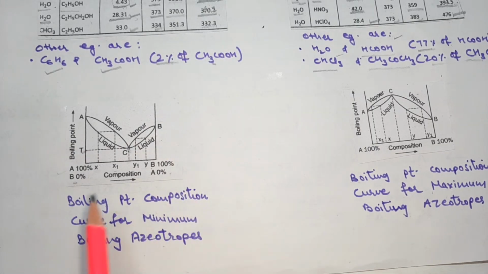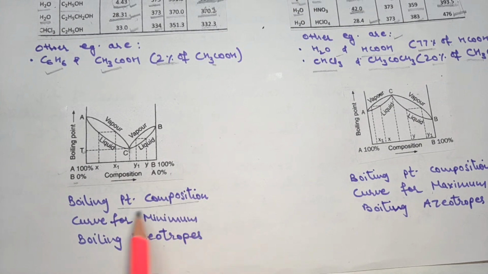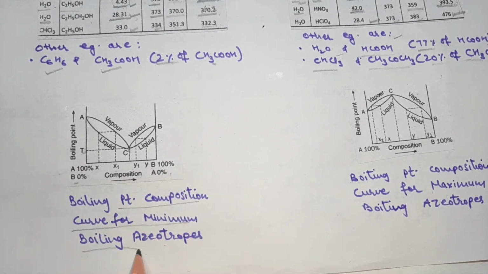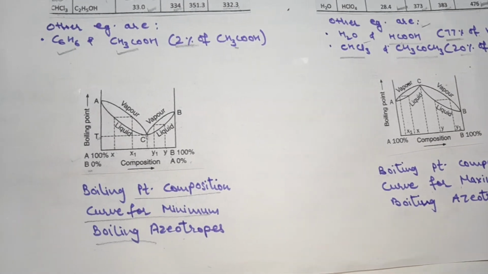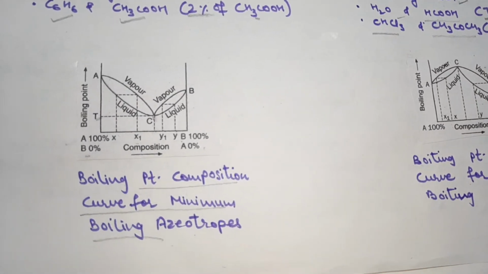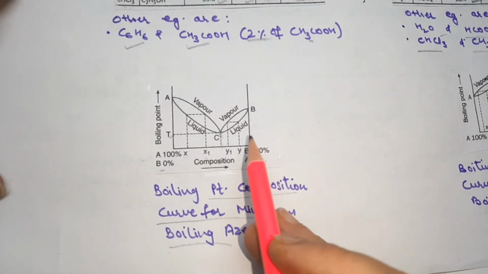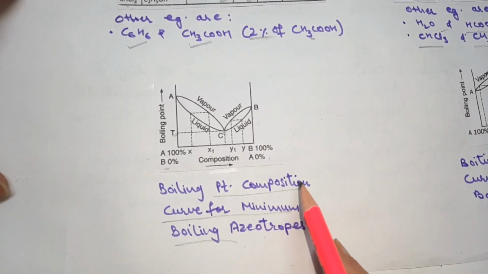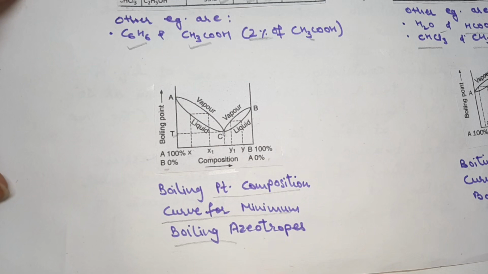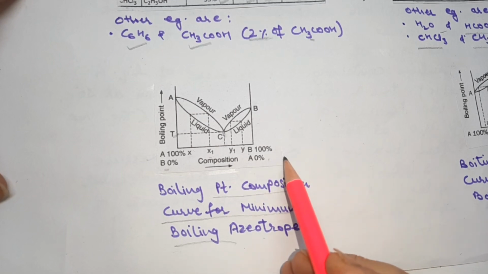After the examples, let us study the boiling point composition curve for the minimum boiling azeotrope. So मैं इसको थोड़ा सा focus कर लेती हूँ so that it is more visible to you. पहले हम मिनिमम बॉइलिंग एजियोट्रोप्स की कर्व को स्टडी करते हैं.